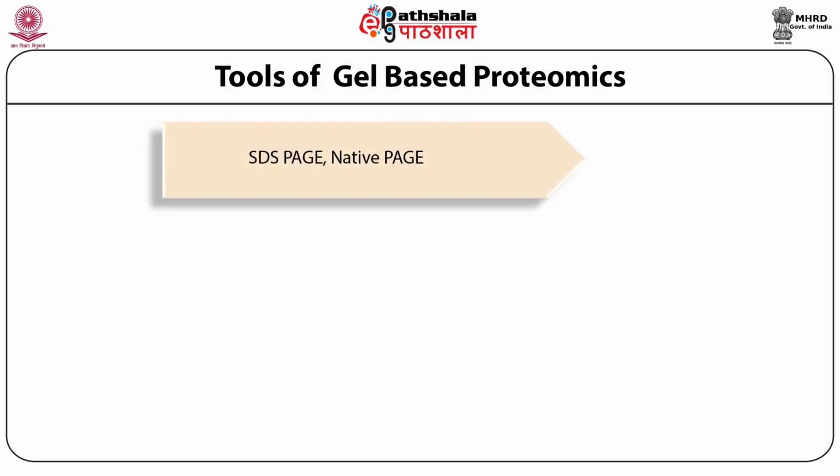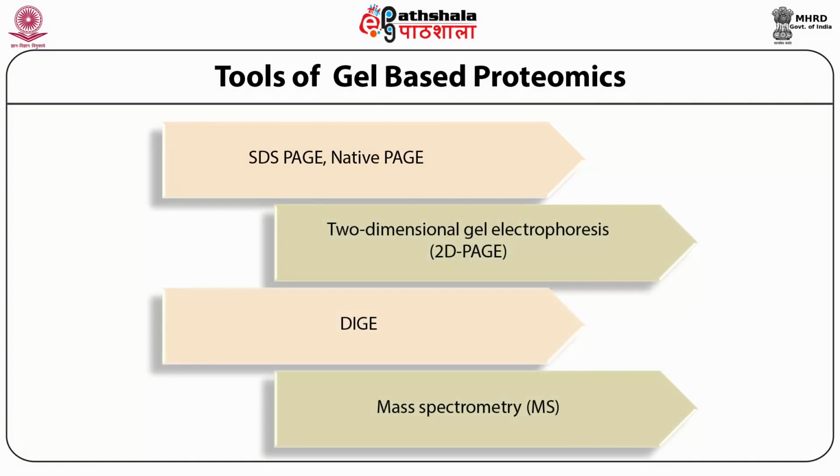Later on, people found that a combination of two one-dimensional gel electrophoresis gives better resolution. That is two-dimensional gel electrophoresis, in which proteins are separated firstly on the basis of pI and lastly on the basis of molecular mass.